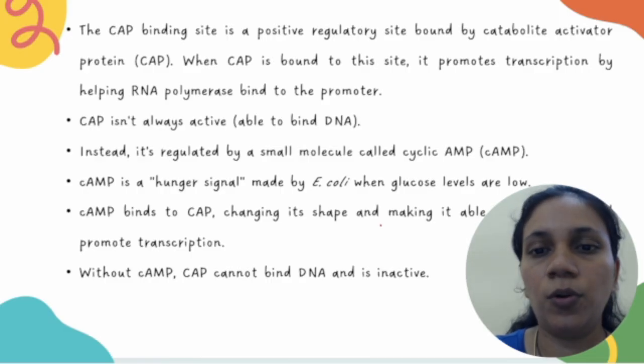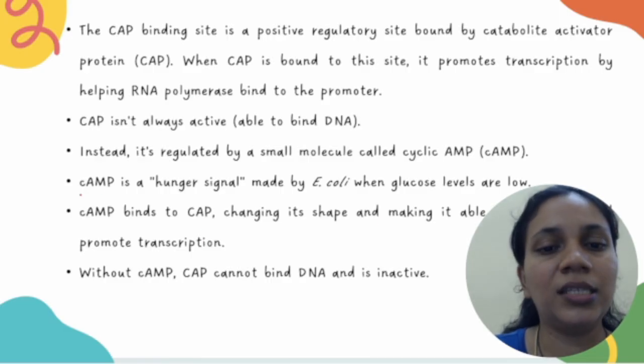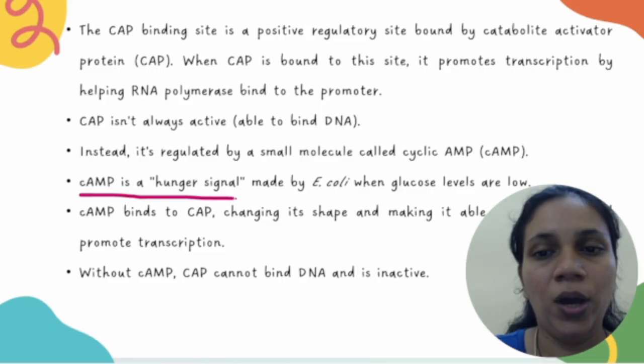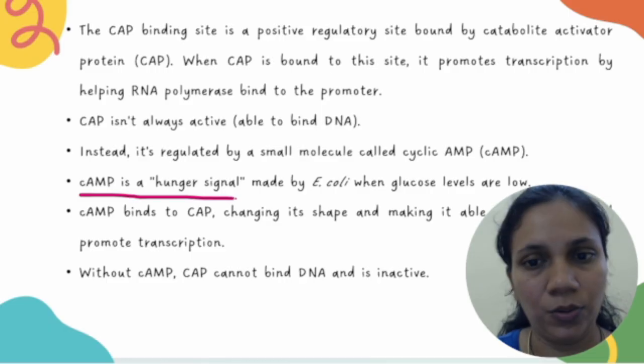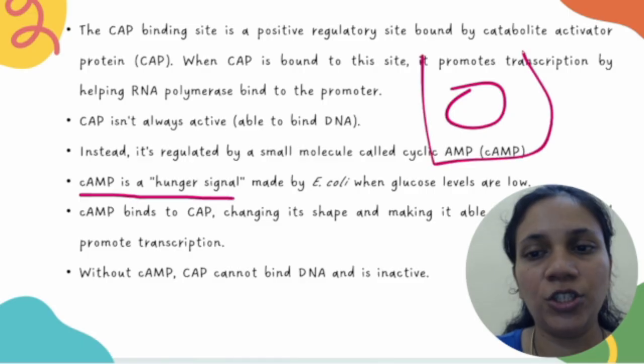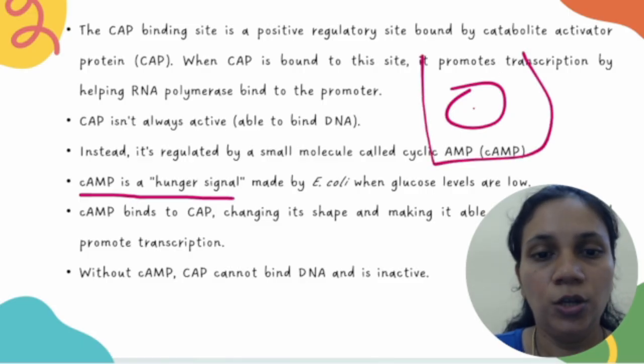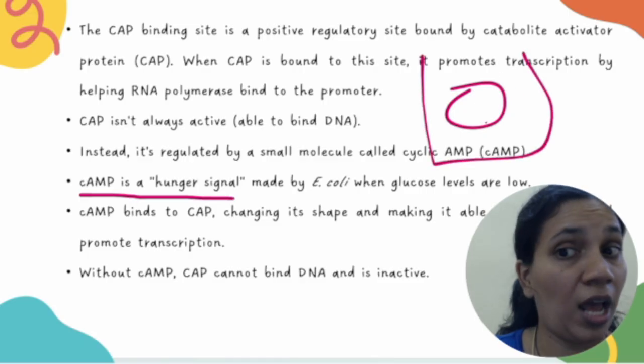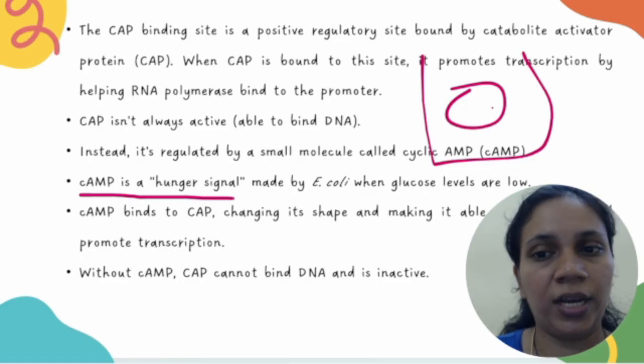So this story we have already learned. Now this cyclic AMP is like a hunger signal. When an E. coli cell is present in the culture medium and it is hungry because it is not getting enough glucose, that is the food it is having, right?